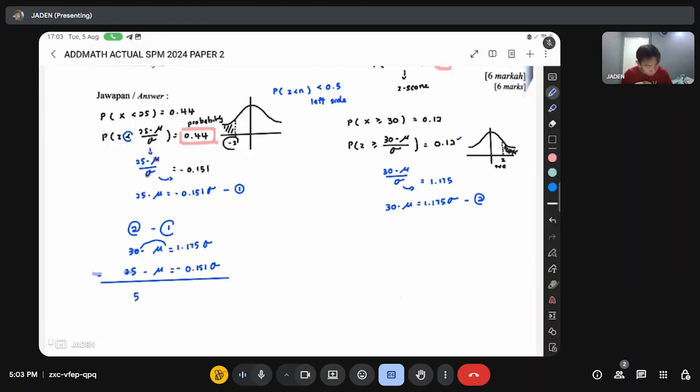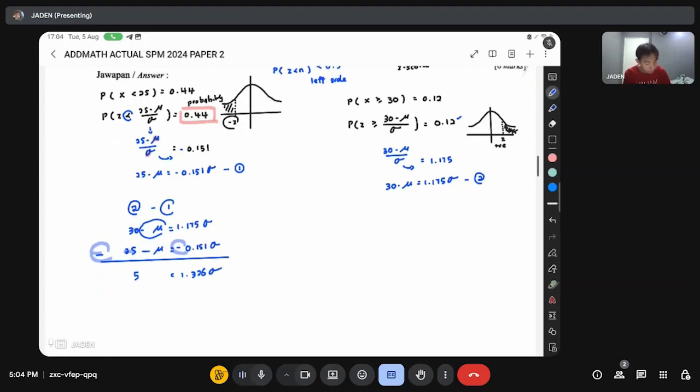And then negative mu plus mu, no more. And then at the back side here, this is 1.175 standard deviation, and minus a negative gives positive. So 1.175 plus 0.151, you get 1.326.